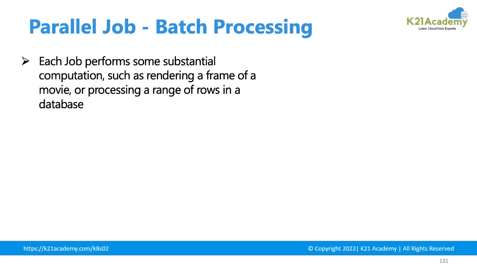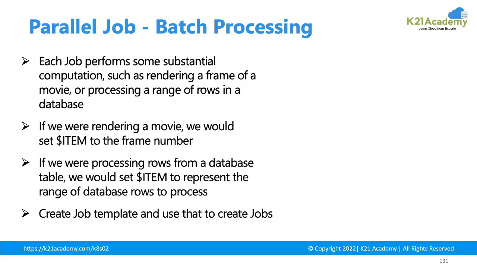Same we can think of if we want to process a large range of rows of a database, and I want to process all the rows, and my database is pretty huge, say like 150 rows or so, then doing that in a batch would be much quicker, and we would achieve the output much more quickly. So in such cases, we have something called an item, a variable component, whether we are rendering a movie or processing a row of the database.